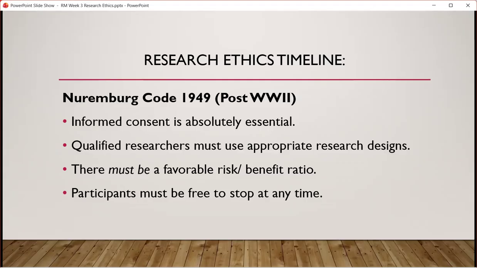It emerged out of the post-World War II atrocities. It named that informed consent is absolutely essential. Qualified researchers must use appropriate research designs. There must be a favorable risk-benefit ratio, and participants must be free to stop at any time.